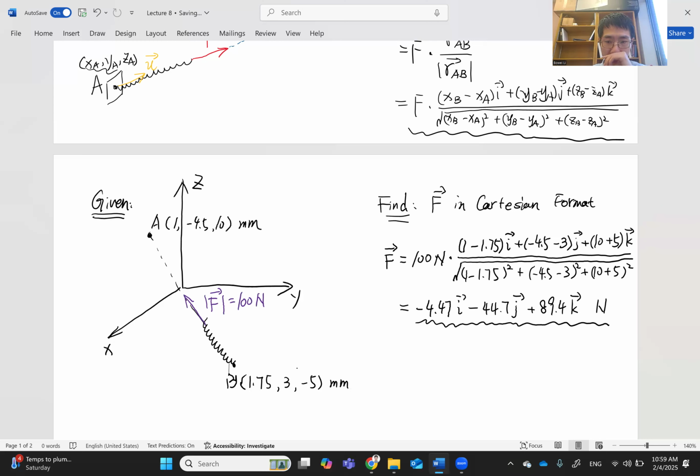For the purpose of practice, I encourage you to try to find the magnitude of the force. Oh, sorry, we already have the magnitude of force here. So actually, it should be the direction cosine of the force. Compared to what we talked about in the previous class, that is the Cartesian format, but in 3D. Here you don't need to imagine the angles.